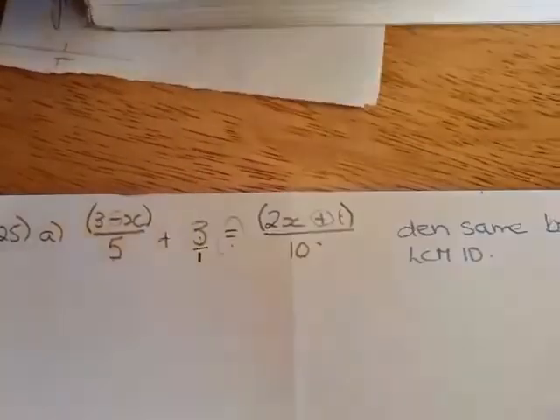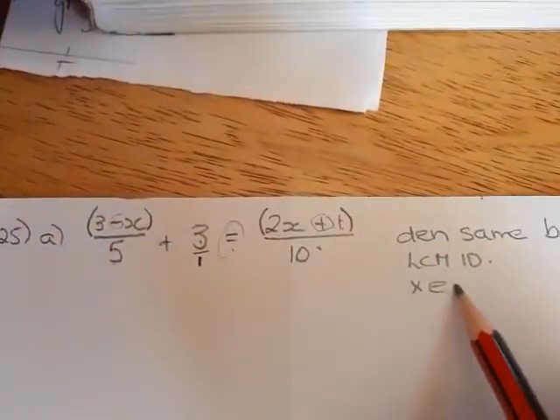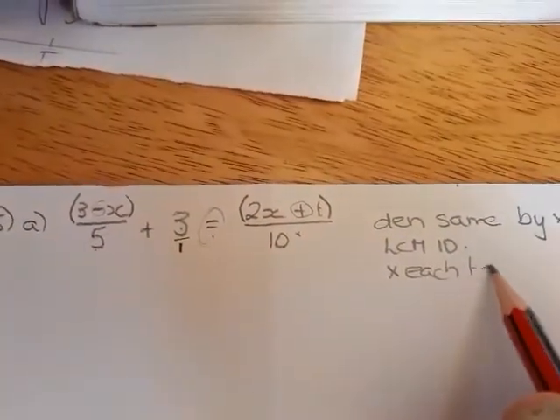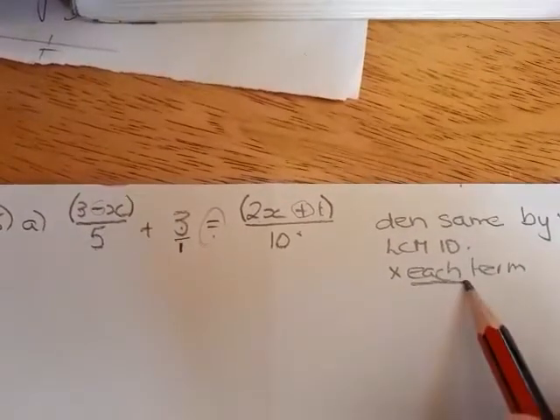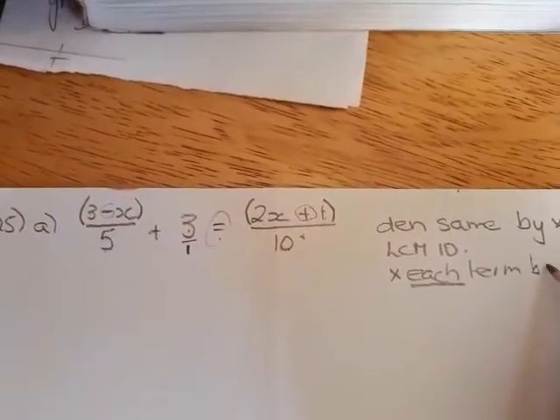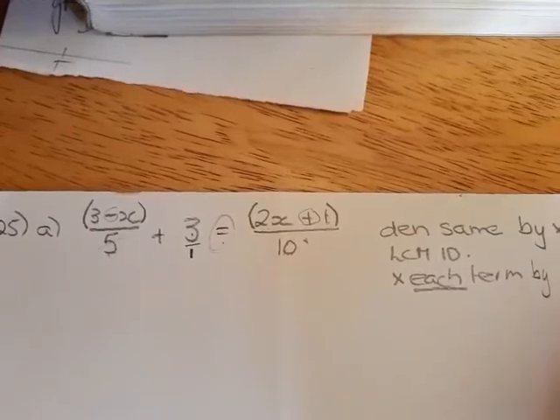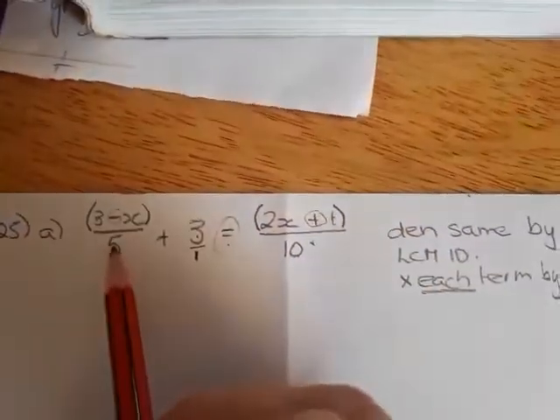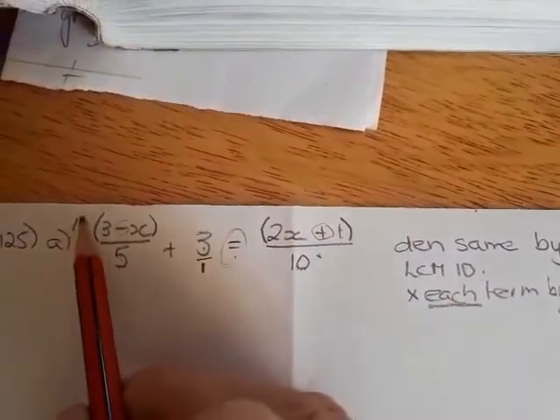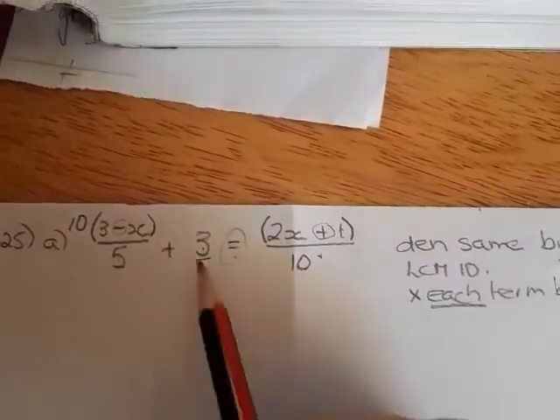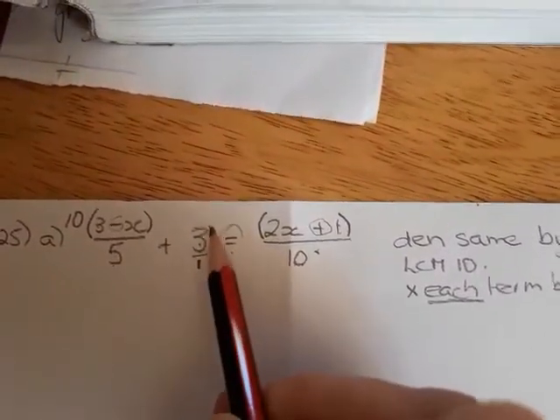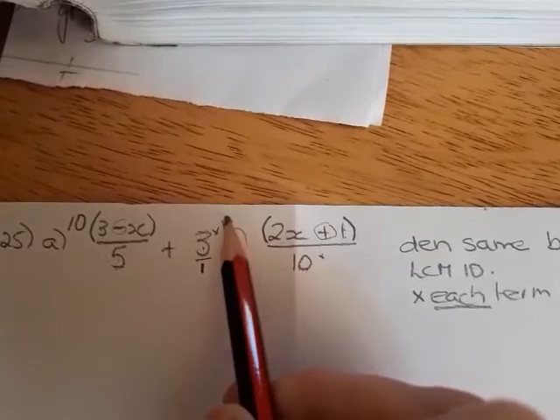Okay, and now you multiply each term, importantly, each term, by the lowest common multiple. Okay, which means this is term 1, I will multiply by 10. Then this is term 2, I will multiply by 10.